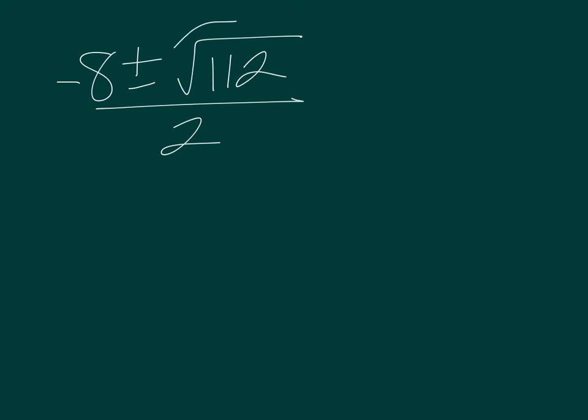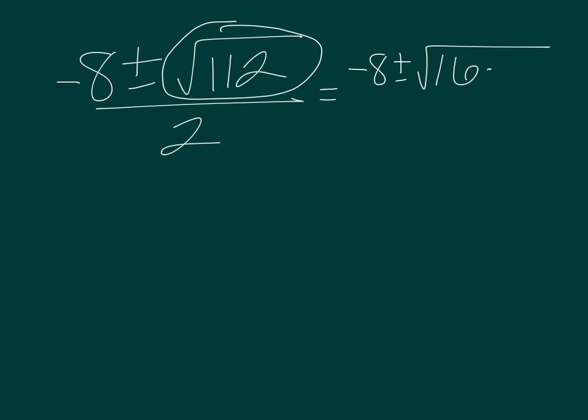All right, same thing. I'm going to look at my radical here, and I'm trying to think of what perfect square value goes into 112. That would be 4. So I have negative 8 plus or minus, did I say 4? I think I meant 16. I did mean 16. So we'd have 16 times 7 over 2.